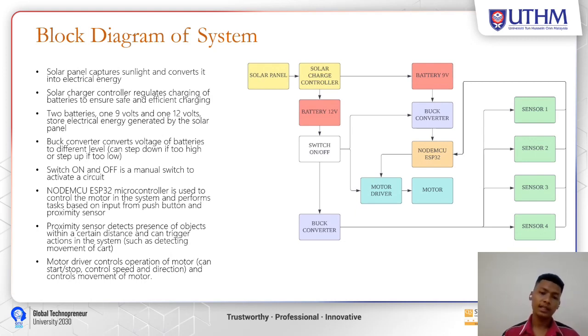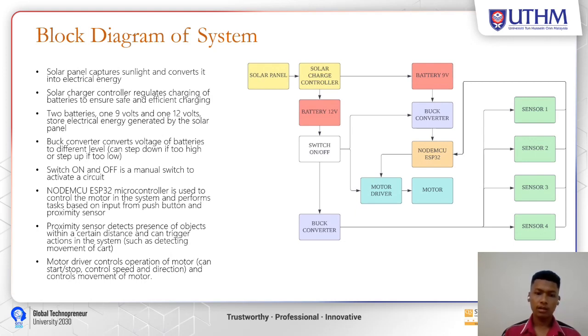From the 9 volt battery, the energy is sent to the buck converter. The buck converter converts the voltage of the battery to a different level, and can step down, or step up if it is too low. The switch is for turning on and off manually to activate the circuit.